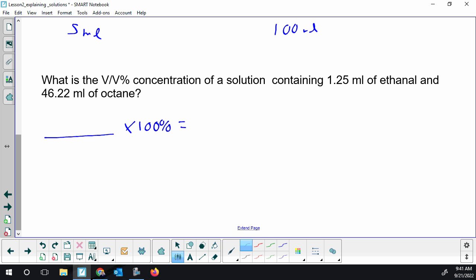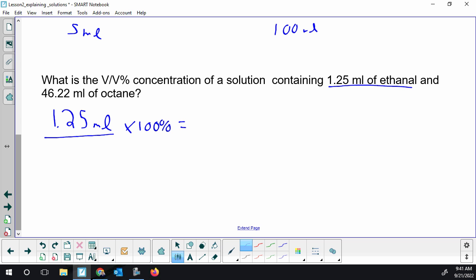So the solute goes on the top. So we have to kind of figure out or guess. Typically, the lower amount chemical is our solute. That's what I'm inferring from this data. So I have 1.25 mL of the lower amount chemical, assuming that's the solute.